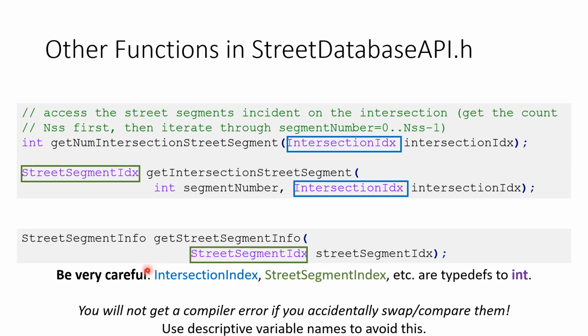For example, the simplest way is to use an _I for intersection ID and _S for street segment ID. But all of your 3 team members need to agree on this. This is just to avoid mixing up all of the indices that you're using.